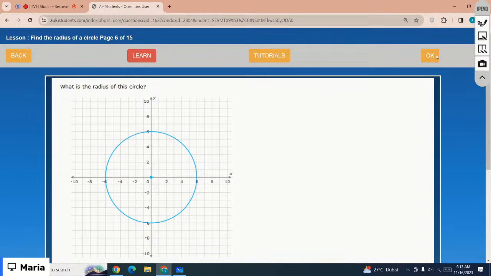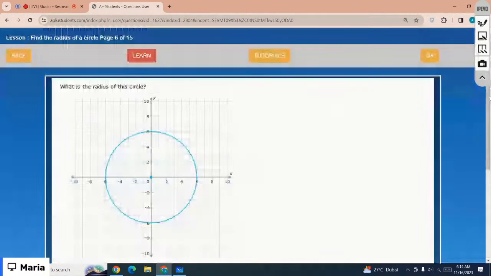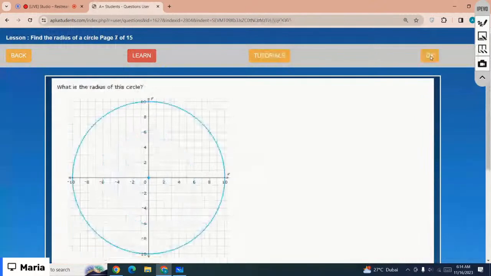Yes, the radius of the circle is 6. The correct option is 6. Okay, the next one is, what is the radius of the circle? So which is the correct option?